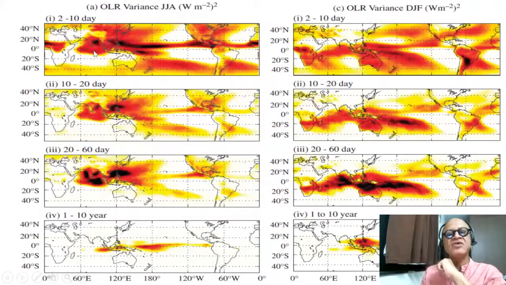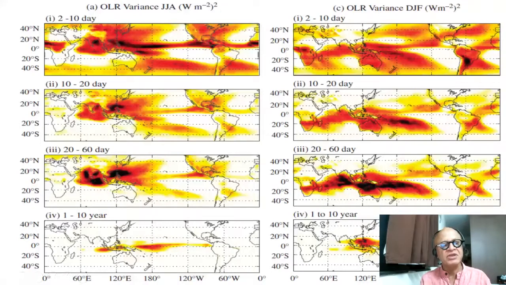The variance in OLR we looked at for boreal summer and boreal winter months. Obviously, boreal summer is dominated by the monsoons, South Asian and the East Asian monsoons, and you can see the high variance at the synoptic time scale of 2 to 10 days, the quasi-biweekly time scale, and what we are calling here the intraseasonal variability, 20 to 60 days.